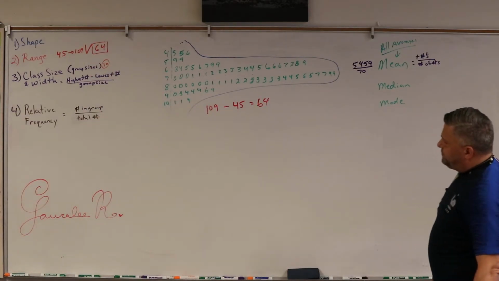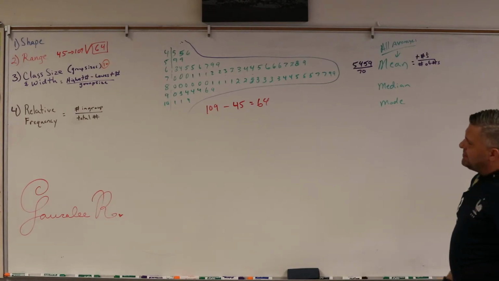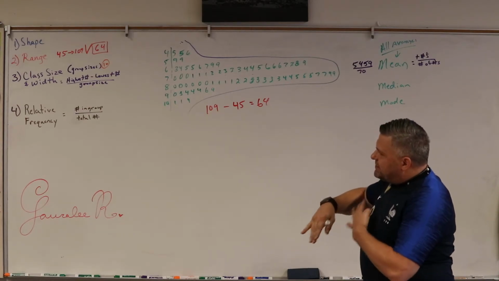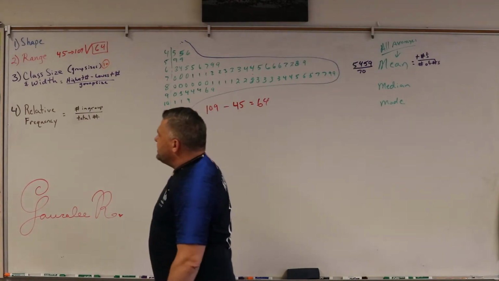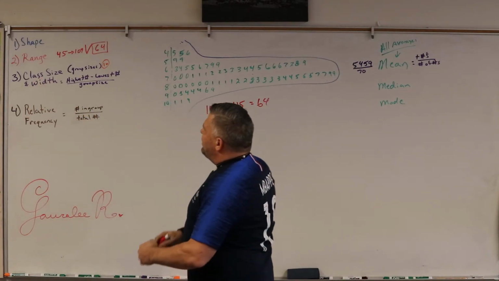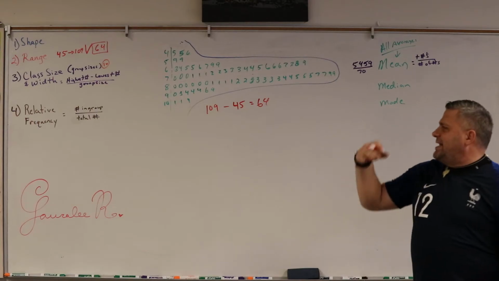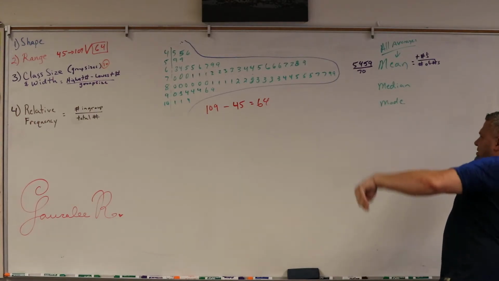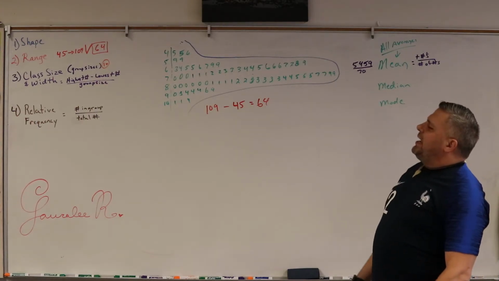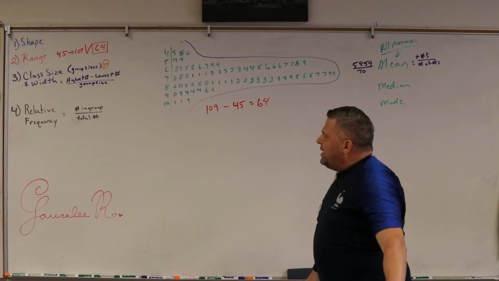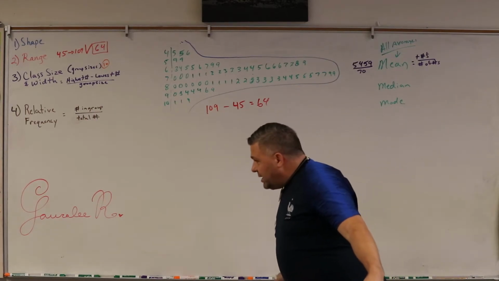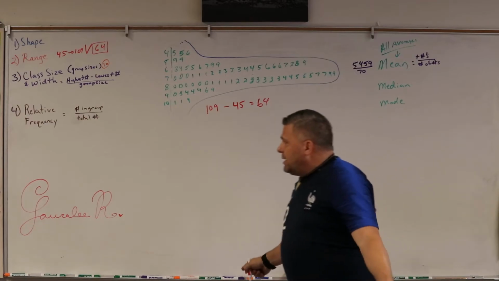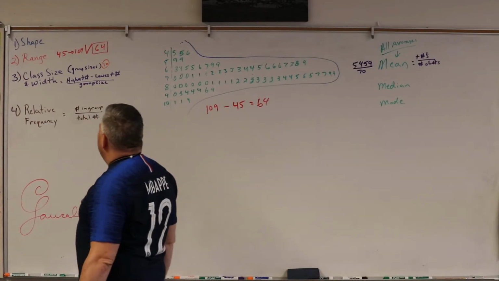All right, so now check it out. The next part is class size. What class size does is take the highest number and the lowest number and divide by the group size.